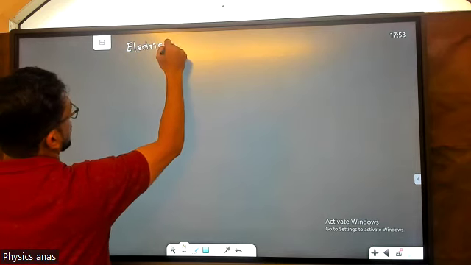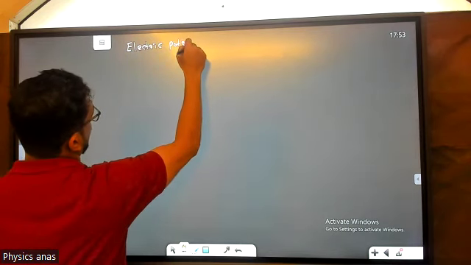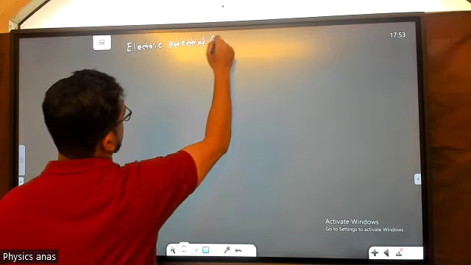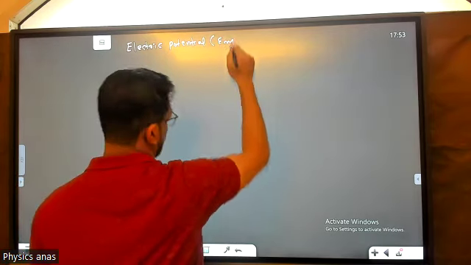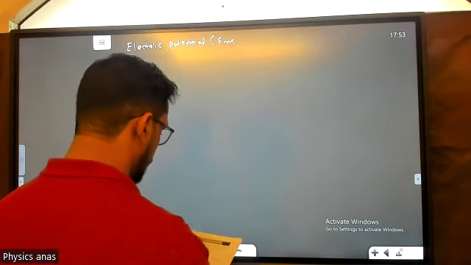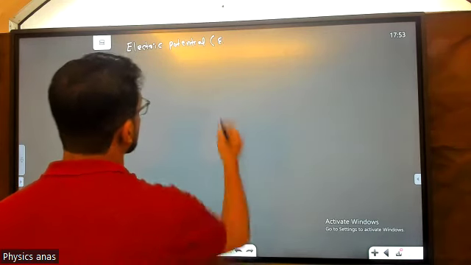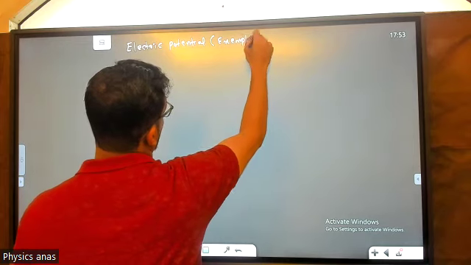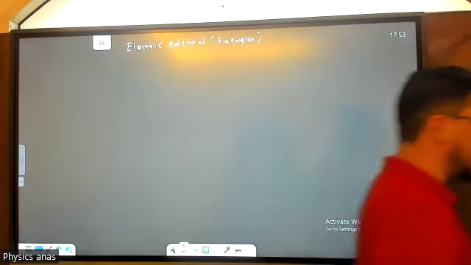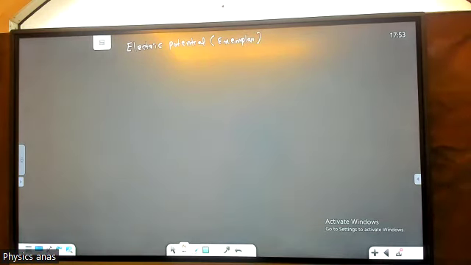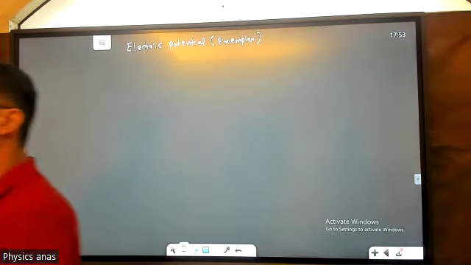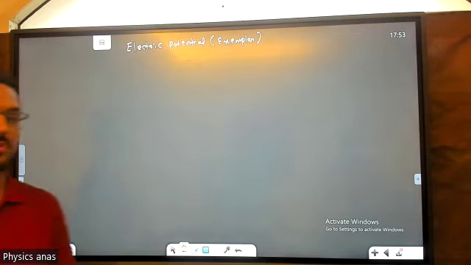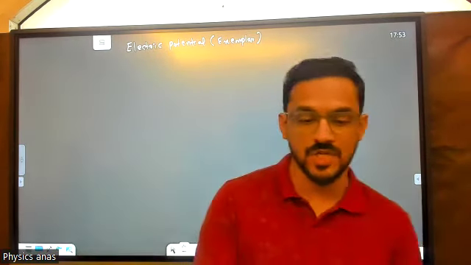We are looking at electric potential. Electric potential assembler questions. Do you have this worksheet with you, this particular worksheet?